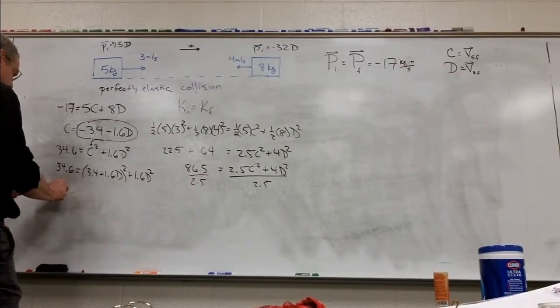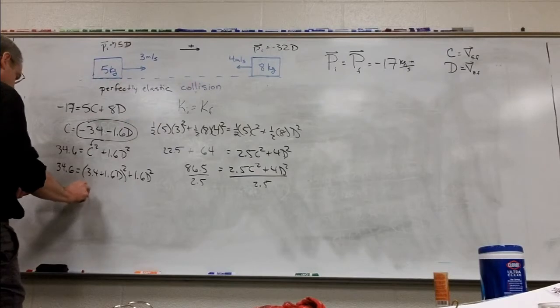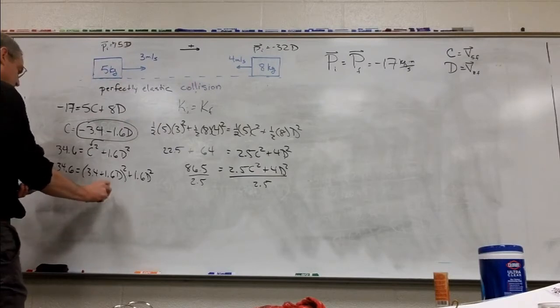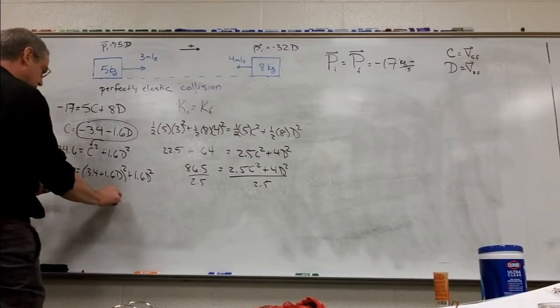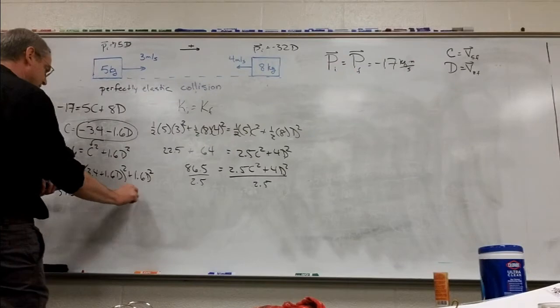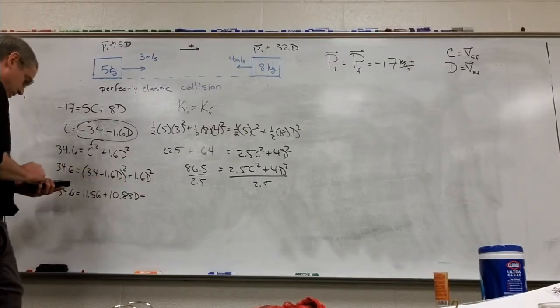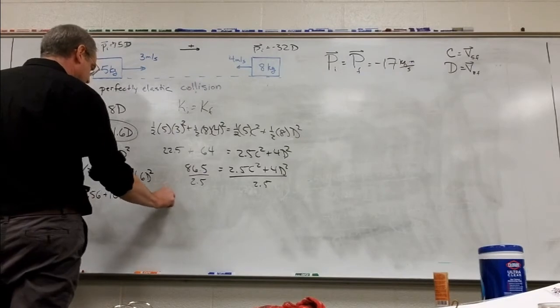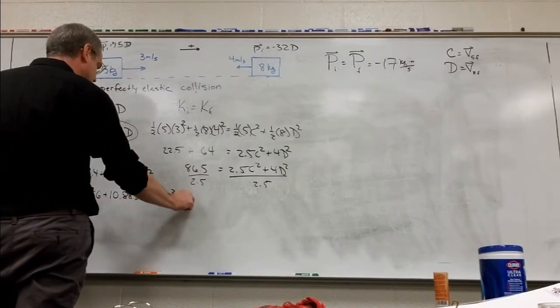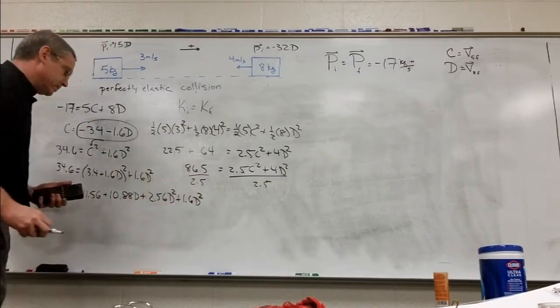So this is 34.6 equals 11.56 plus 2 times that times that. So 3.4 times 1.6 times 2, 10.88d plus 1.6 squared, 2.56d squared plus 1.6d squared.